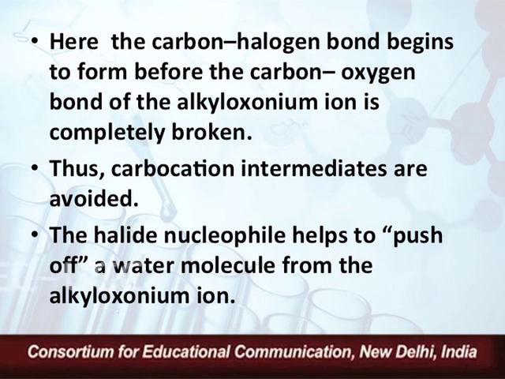What we observe here in the second step is that the carbon halogen bond begins to form before the carbon oxygen bond of the alkyl oxonium ion is completely broken. Thus, carbocation intermediates are not formed in the reaction. The halide nucleophile also helps to push off a water molecule from the alkyl oxonium ion.